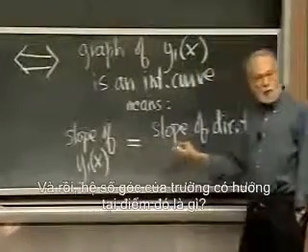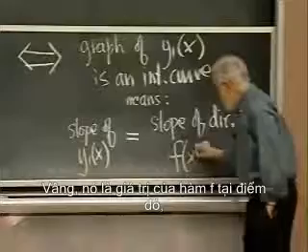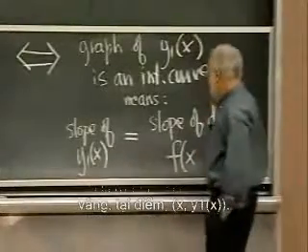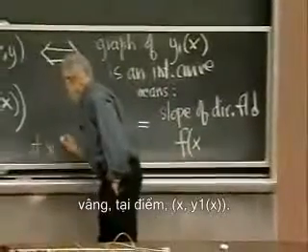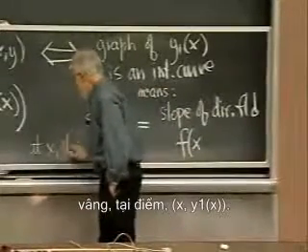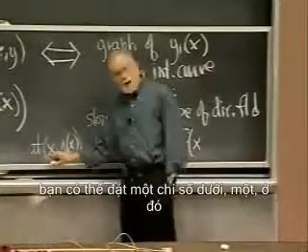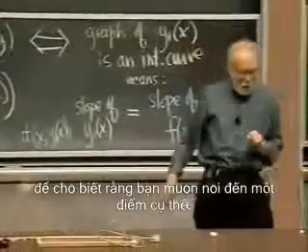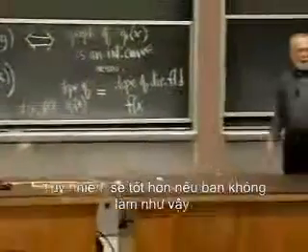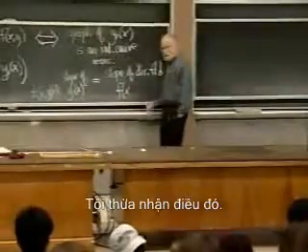And then what is the slope of the direction field at that point? Well, it is f of the point x, y1 of x. If you like, you can put a subscript 1 on this and a 1 here or a 0 there to indicate that you mean a particular point, but it looks better if you don't. But there's some possibility of confusion, I admit to that.